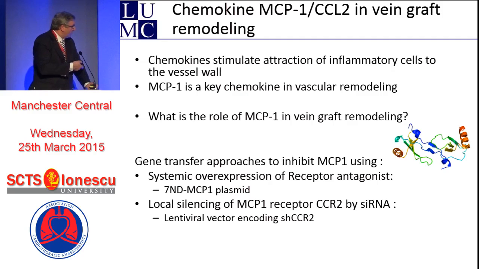By that it can bind, but it cannot induce signal transduction. The other approach, which I will touch upon in the next couple of slides, is local silencing of the MCP1 receptor CCR2 by a trick called siRNA overexpression. For that we use lentiviral vectors, as shortly touched upon by Andy in his previous presentation.